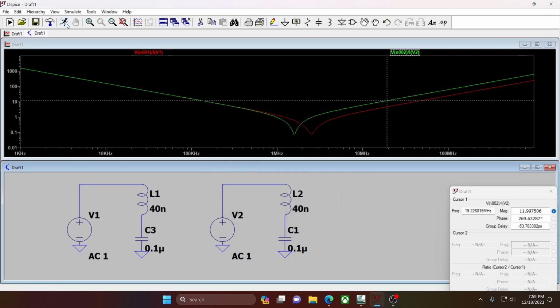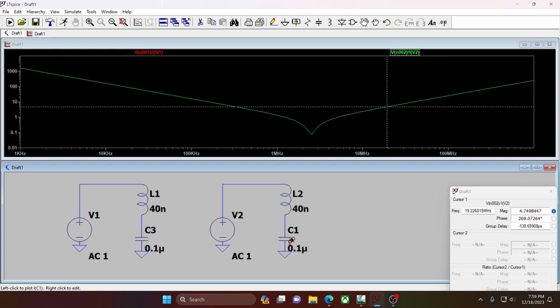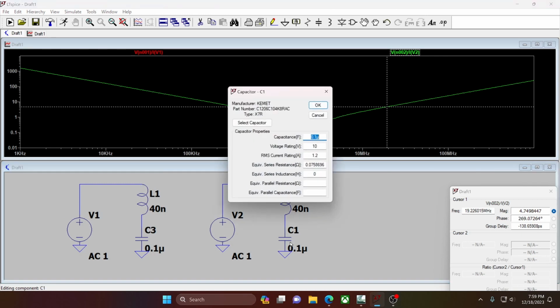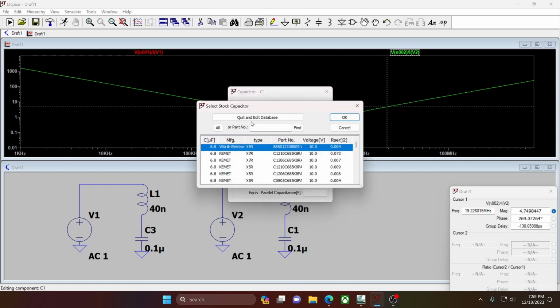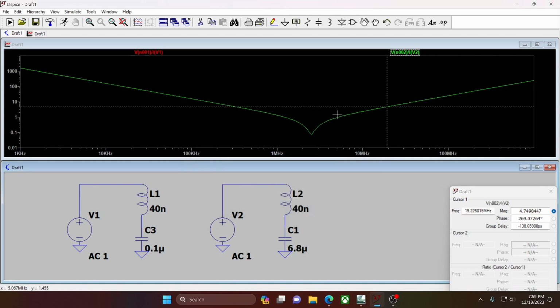All right. Now, what happens here if we make the capacitance go up? So let's go with 6.8 microfarad. And let's just pick one in the list. Look at that.